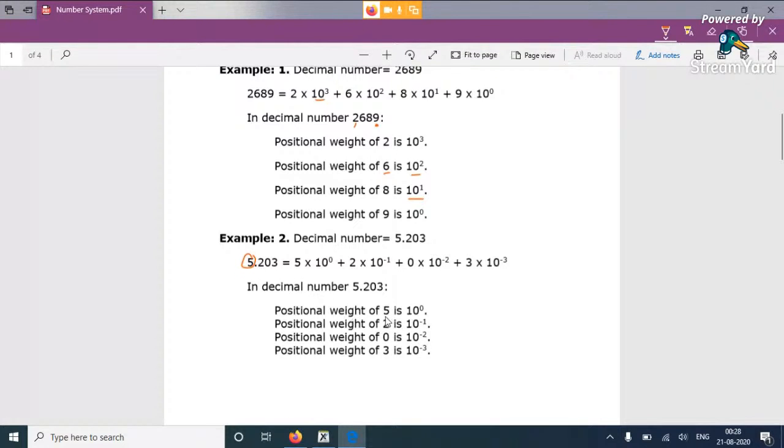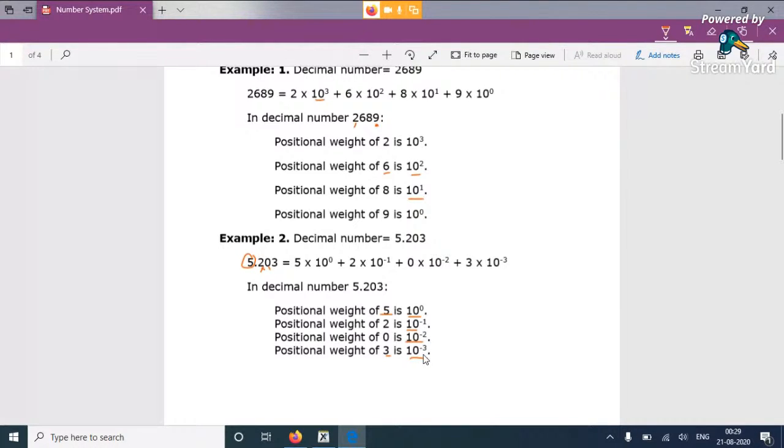Here the positional weight of 5 is unity, 10 to the power 0. Similarly, after the fractional point or decimal point, the symbol 2 is used, and its positional weight is 10 to the power minus 1. Similarly, for symbol 0, the positional weight is 10 to the power minus 2. And the last symbol used in this number is 3, whose positional weight is 10 to the power minus 3.